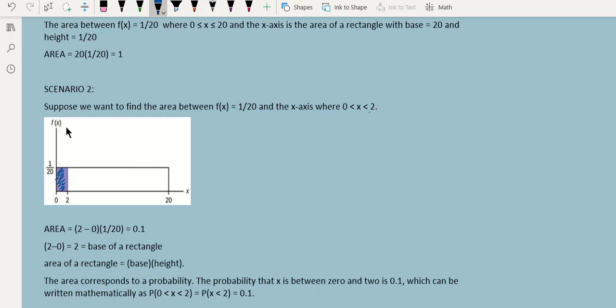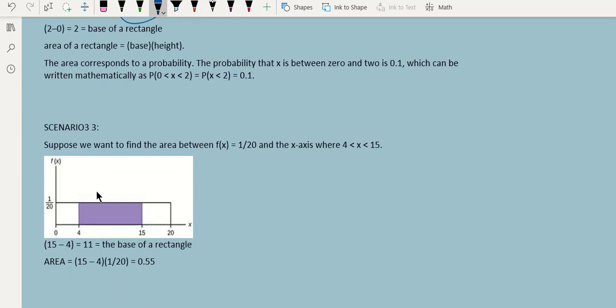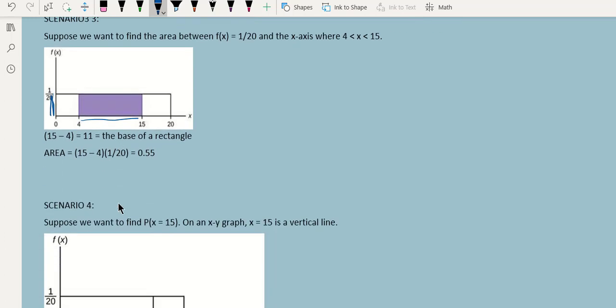My base is 2 minus 0. Then we want to see how much my height is, and my height is always going to be this f of x, and that is 1 over 20. So when we multiply it out, the area of this space is 0.1. Now, all of the different scenarios are about the same. You figure out what your base is, and then your height is given, and we go from there to find our area.